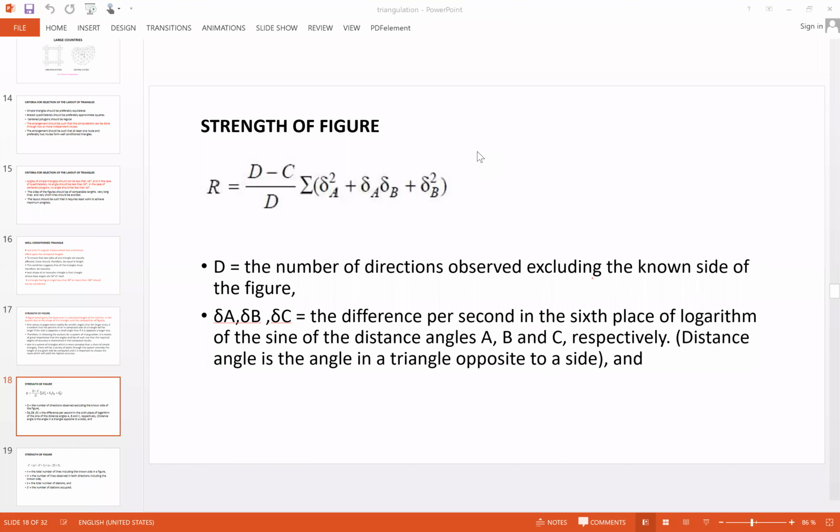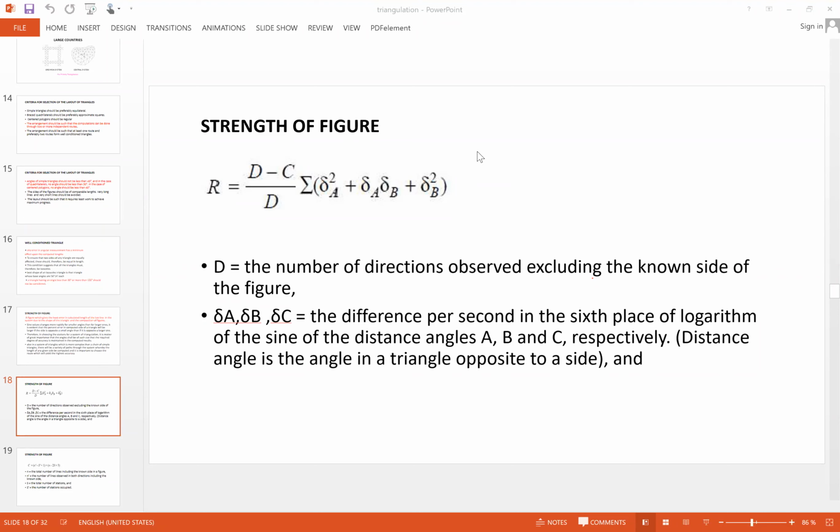Okay. Let's say there was a triangle ABC, right? Now we have three sides in that. Now we say that side AB is known to us. Then the sides that are not known to us will be the other two sides, right? So D is the number of directions observed excluding the known side of the figure.